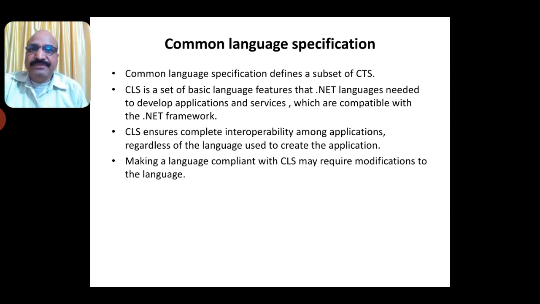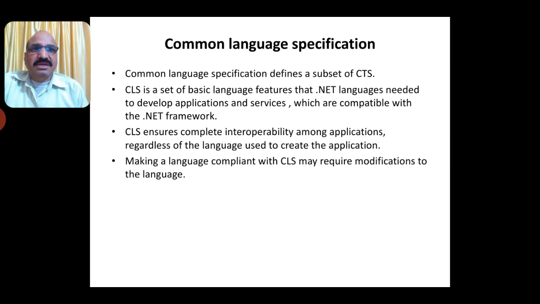So the common type system, common language specification and MSIL, these features make the .NET framework possible, so that we can use different languages on the .NET platform.